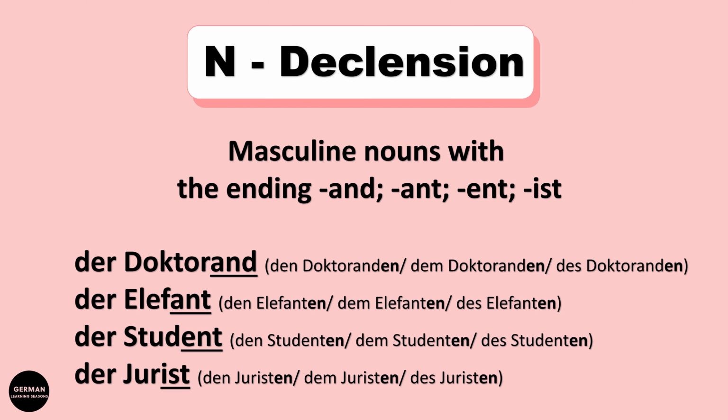So what you see here is that we add an EN to the end. Why is it not a simple N? Because with EN it just sounds smoother. Just compare den Elefanten and den Elefanten, right? So den Elefanten just sounds smoother, that's why we add an EN to the end.